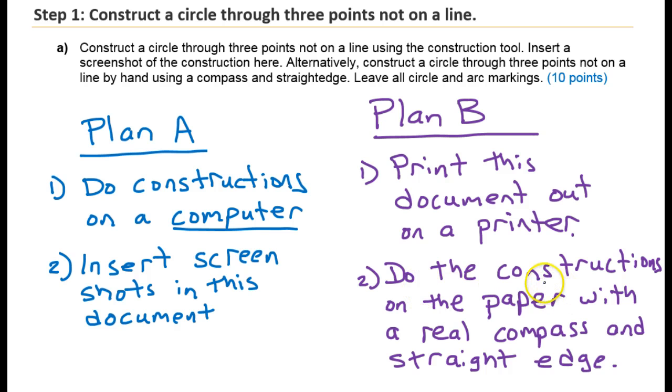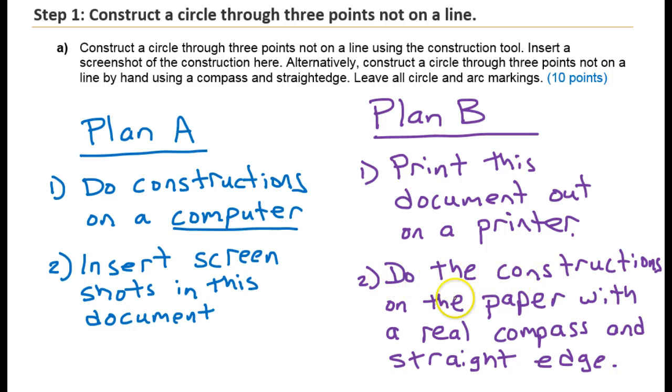Plan B is less ideal, but if you don't have a computer, then this is what you have to do. You can print this document out on a printer, which still sort of requires a computer, but you could have your mom do that at work, or go to the library and print it out, or whatever you need to do, just to print out the document.